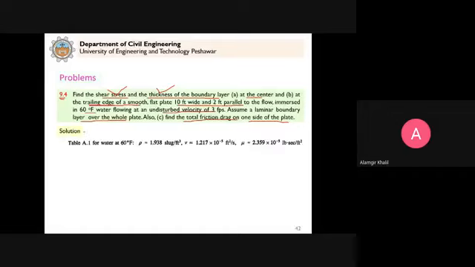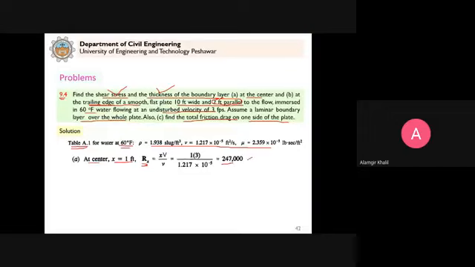So for this case, table A1 in the book, for this temperature you need to read the fluid properties. And we studied at the center of the plate. Plate is how much? 2 feet parallel to the flow. So that's why center of the plate will be 1 foot. This is Rx, the local Reynolds number, and X is 1. You calculate this.